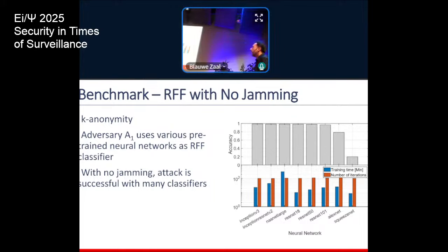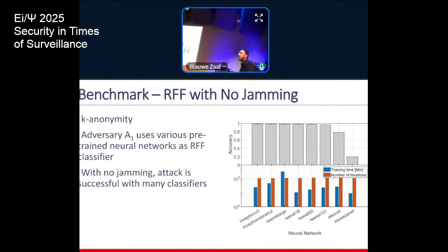You see here, especially in the figure on the upper part, that independently from the specific multi-class network that you use, the task is always feasible for the adversary without jamming. You always have classification accuracies very, very close to 1. They are 0.99. So this confirms that these classifiers are able to identify the wireless devices without any noise added to the transmissions.